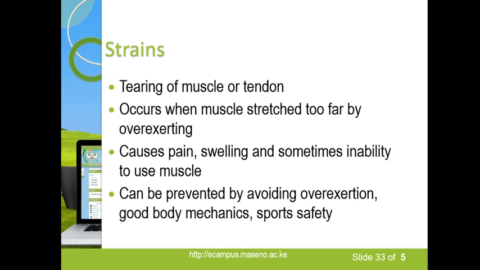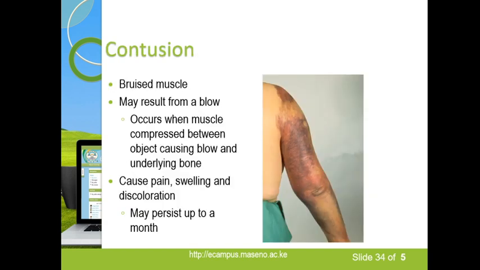Now, these strains can usually be prevented by using good body mechanics, especially in the nursing profession where you usually engage in patient care. We should be able to use good body mechanics in order to prevent strain, given the nature of our job, and then can also be prevented by sport safety.